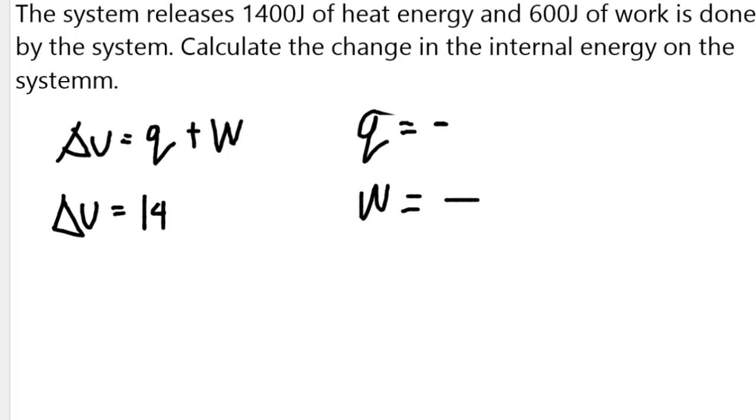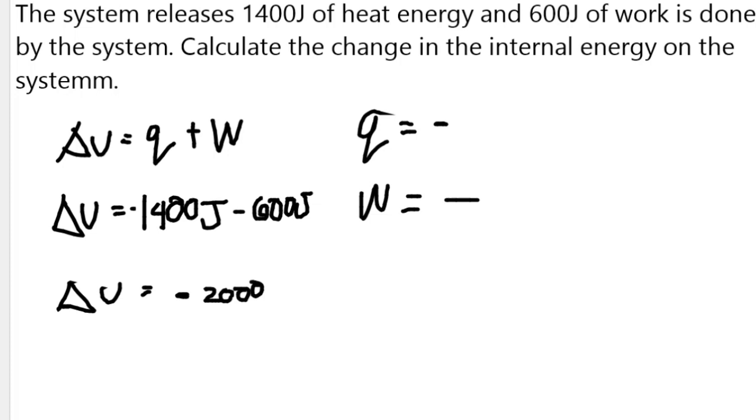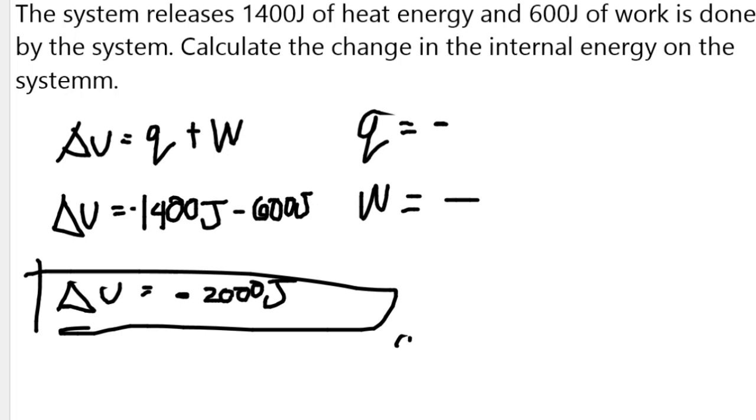So the change in the internal energy is going to be negative 1400 joules and negative 600 joules because it is done by the system. So this is opposite of earlier. Our answer here is going to be negative 2000 joules.